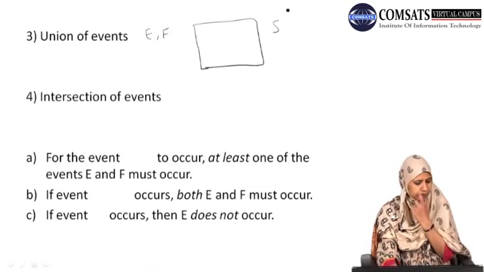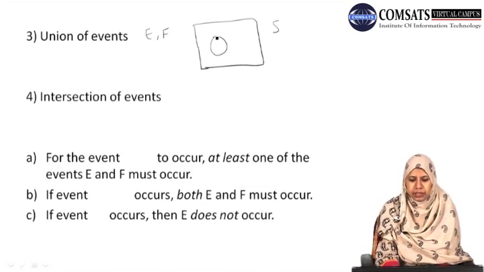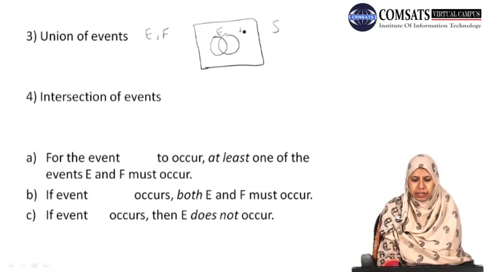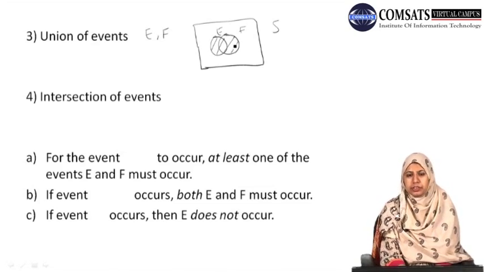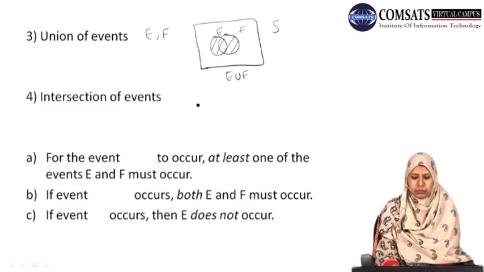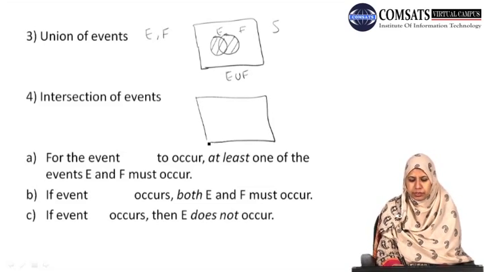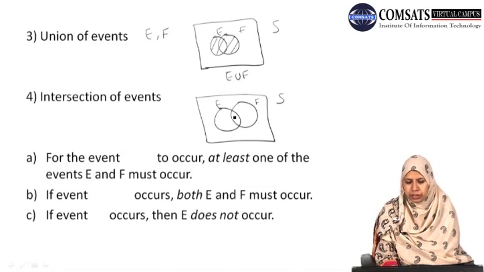Then this is our sample space S, and this is our event E, and this is our event F. Then the union is this region, that is the union of two events E and F. Okay, the intersection of two events: we have two events E and F with a sample space S. This is our event E and this is our event F. Then this common region is the intersection of our events.